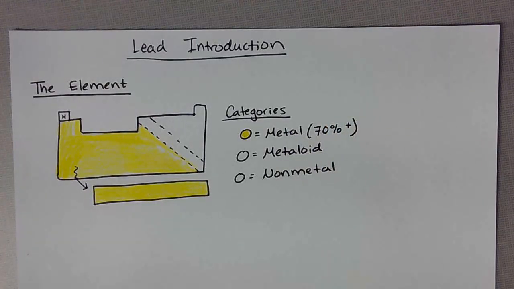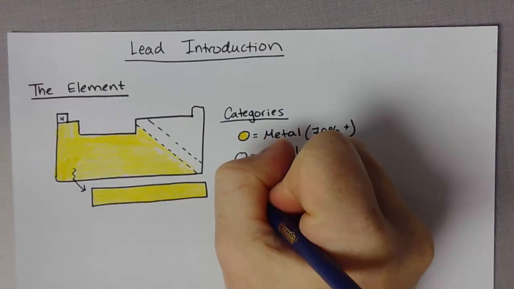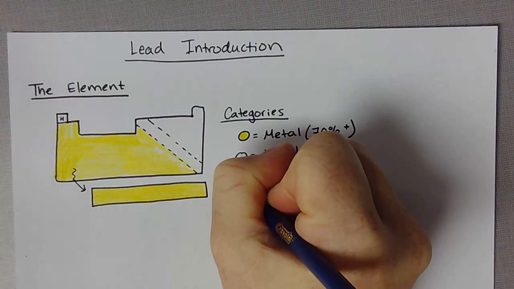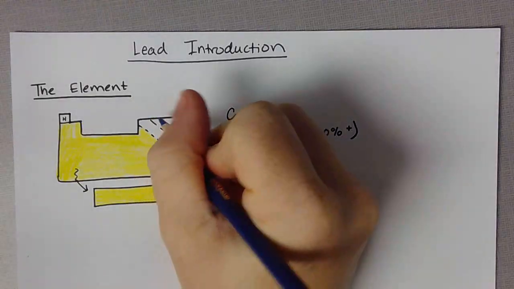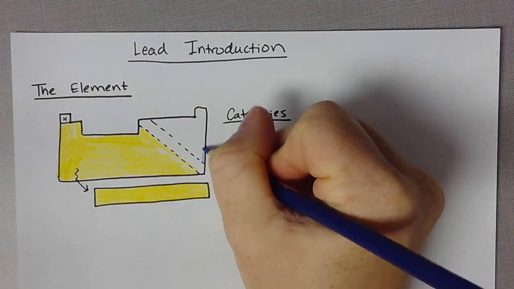Now, the opposite of a metal would be a non-metal. So now I'm going to take my blue and I'm going to color those in. Metals are found on the left, non-metals are going to be found on the right of this diagonal line.